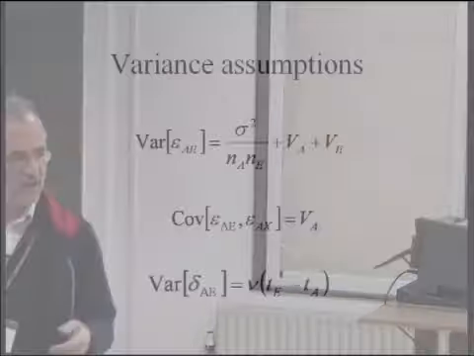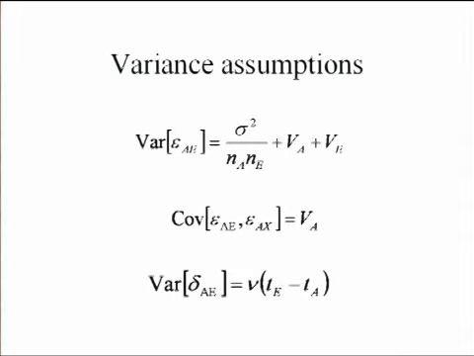But I've only told you so much about the means. I've said all these epsilons and deltas are zero mean, but we have to say something about the variances and covariances. So this is the key point of the model, and that is that we're going to assume that the variance of these epsilons has this rather strange structure here. And let me tell you what's in here.